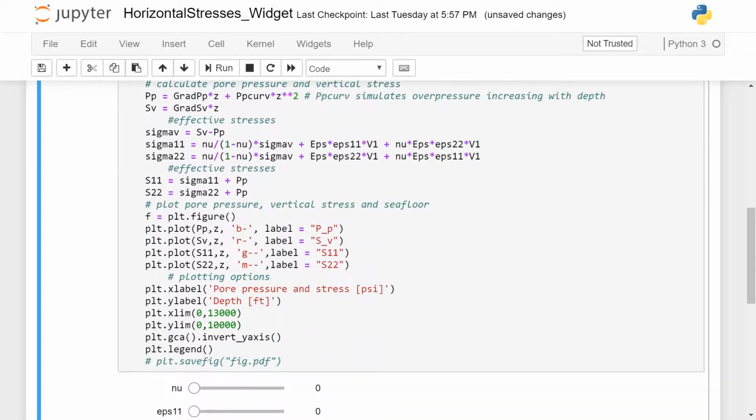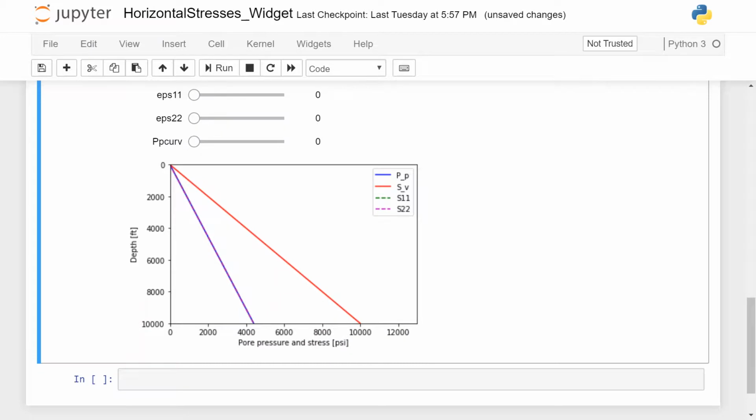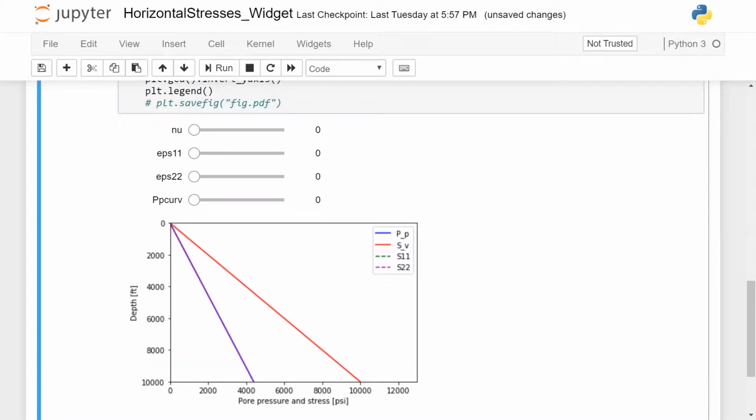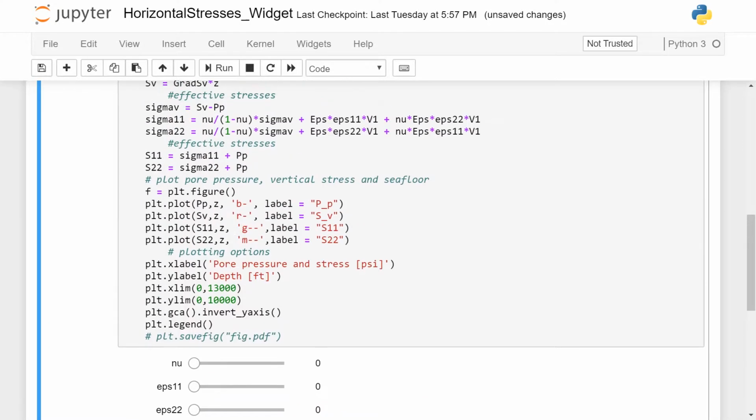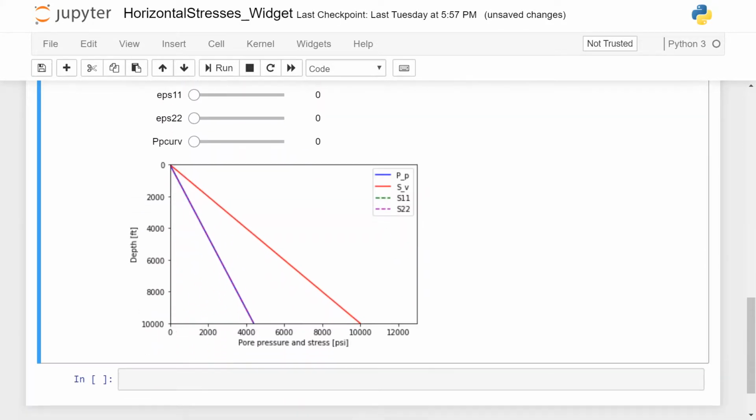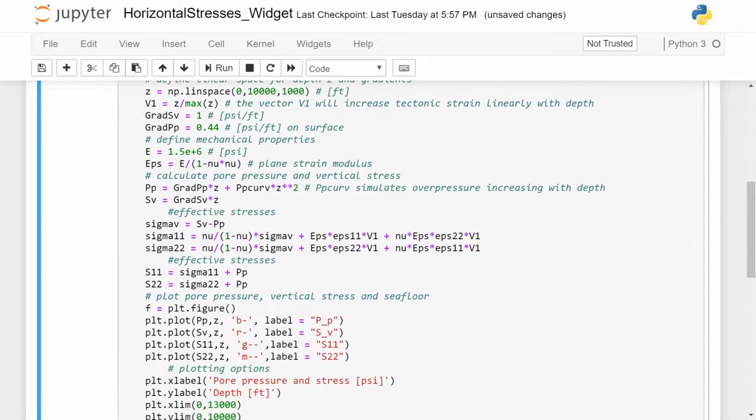I run it again. Okay, well, I erased all the things I had. But you can modify here. And the larger the Young modulus, the larger the stress you're going to have in horizontal direction. But you do have a horizontal stress. These equations are the same ones that we wrote a little bit before, where EPS is a plane strain modulus.